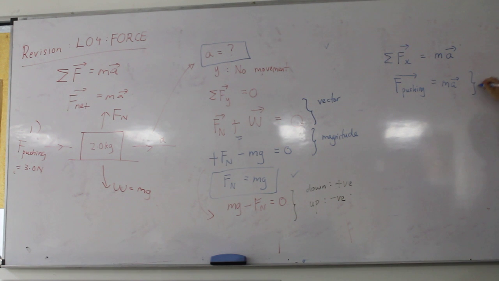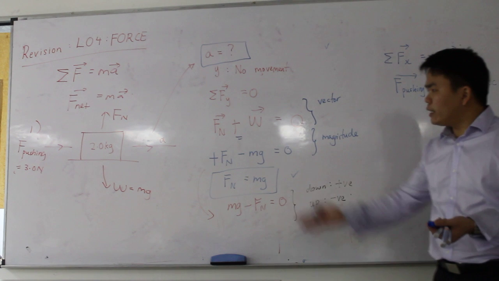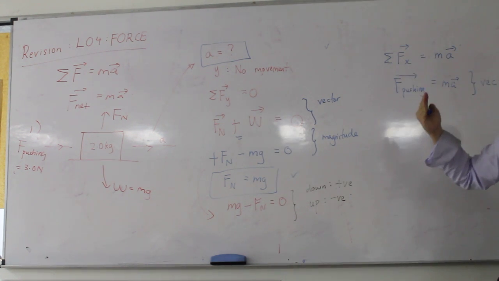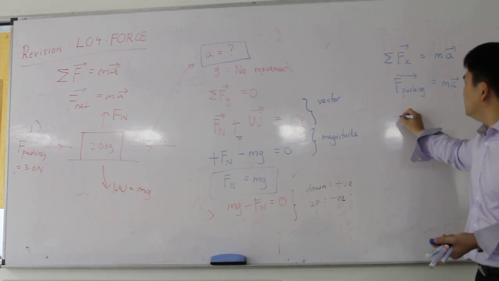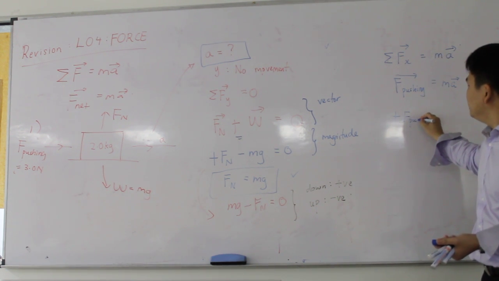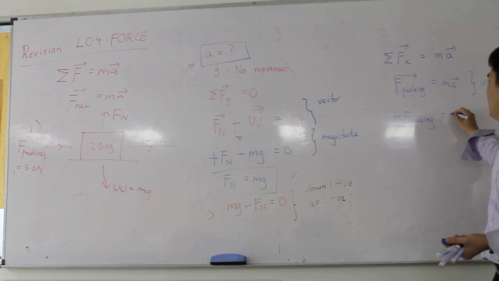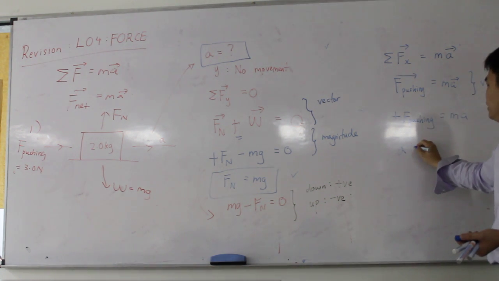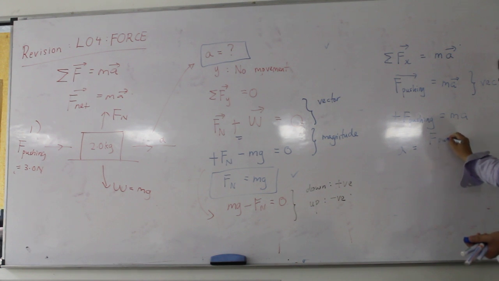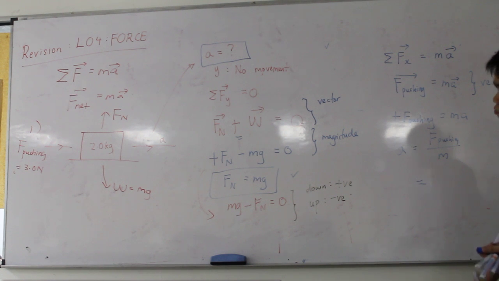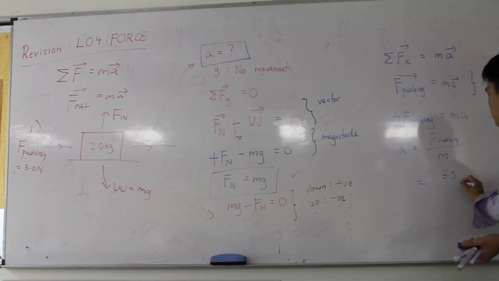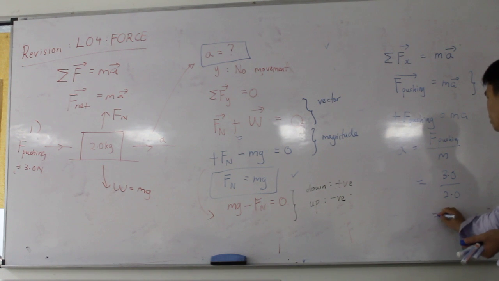And bear in mind again, this is just a vector. In order to get the magnitude, again, I will consider that to the right is positive. If it's to the left, then it's negative. So for this case, I can put plus F pushing equal to ma. So a equal to F pushing divided by m, which is 3.0 Newton divided by 2.0, so it's 1.5 meter per second square.